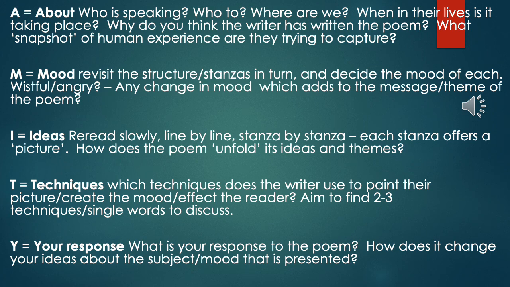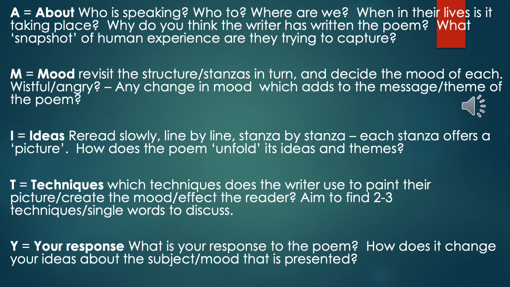When we look at mood, which is our second step, you might need to look either at the poem as a whole and how the mood develops, or you can revisit the structure or the stanzas, if it's in chunks.